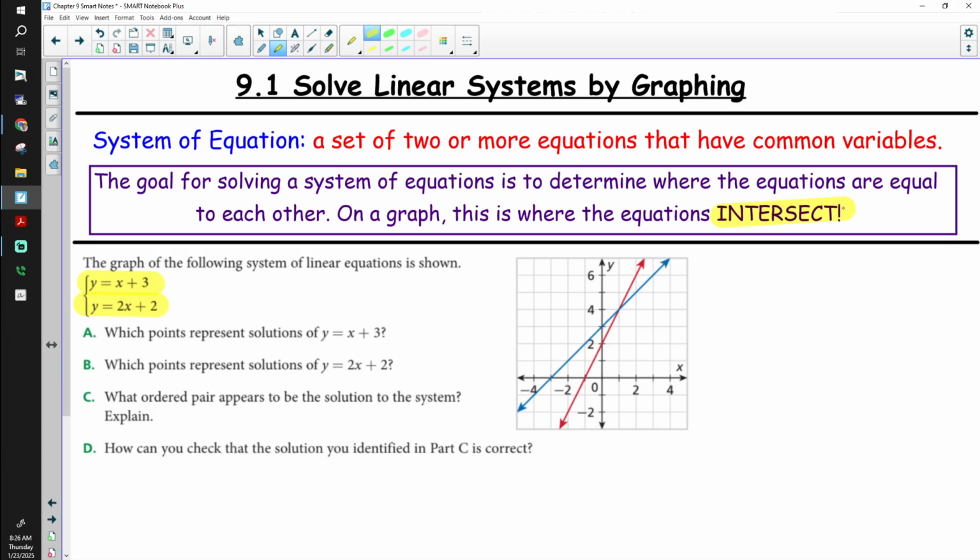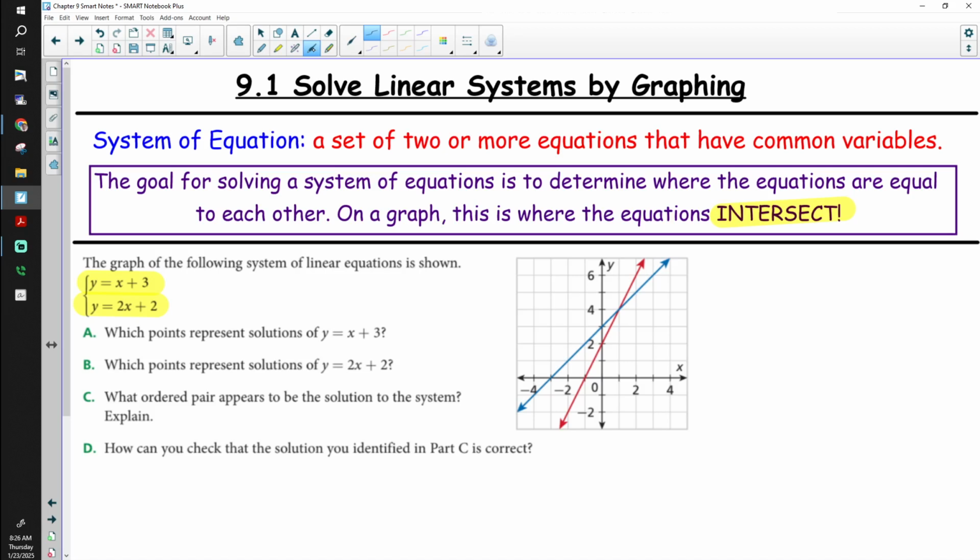So here are our 2 equations. Here is a graph of our 2 equations. Part 1 just asks us which line represents y equals x plus 3. So is blue or red y equals x plus 3? We could type it into Desmos, or we could figure out which one crosses at 3.